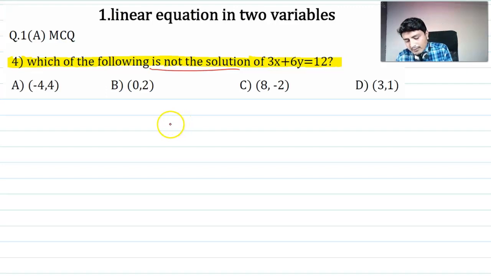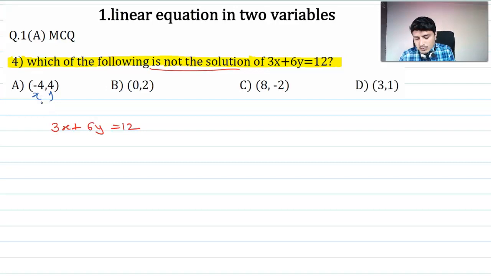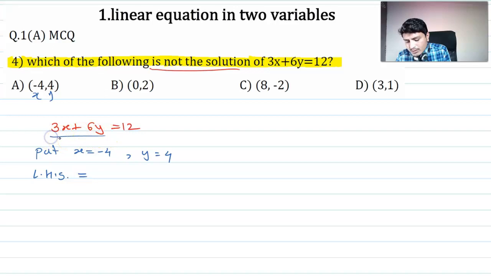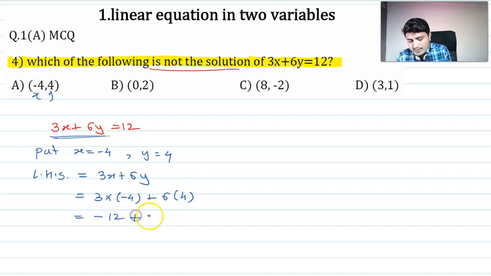Now look ahead, we have the equation 3x plus 6y is equal to 12. The first point is minus 4 comma 4, which means x is minus 4 and y is 4. So let's replace x by minus 4 and y by 4 in the LHS of the given equation. The LHS is 3x plus 6y. Replacing, we get 3 times minus 4 is minus 12, plus 6 times 4 is 24.